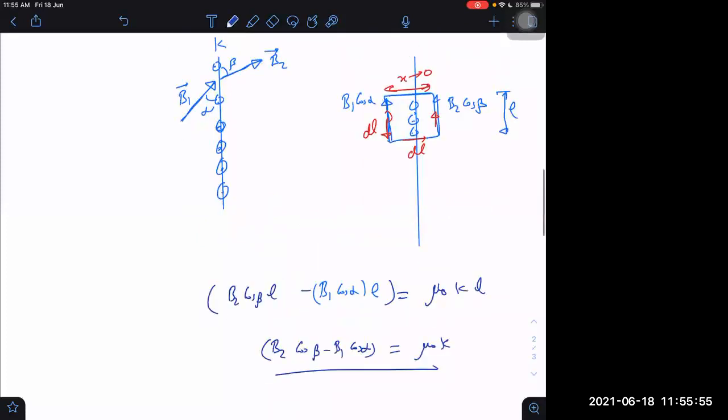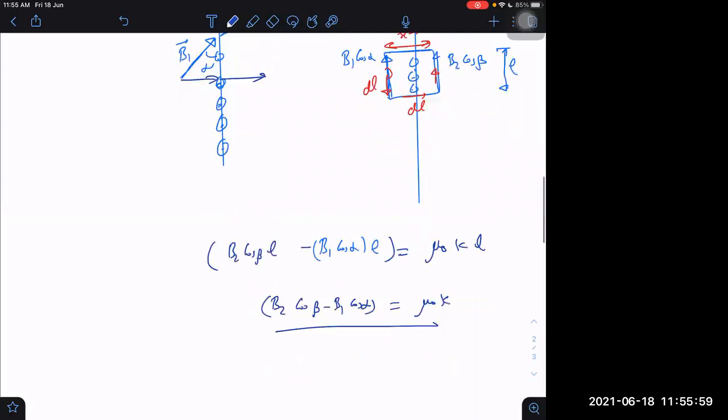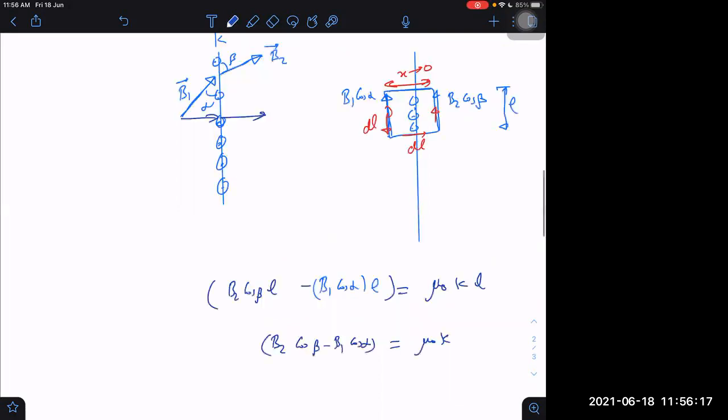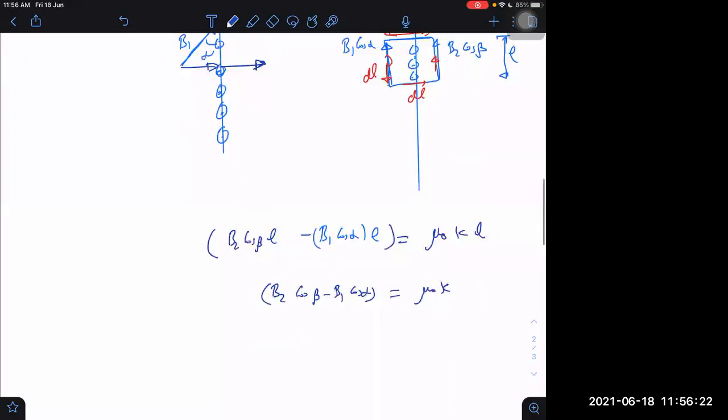Now, what will be the relation of the perpendicular fields? Perpendicular fields will be the same. Those will not change. In the perpendicular direction, the fields have to be the same. What goes wrong if in the perpendicular direction I don't take the same fields?